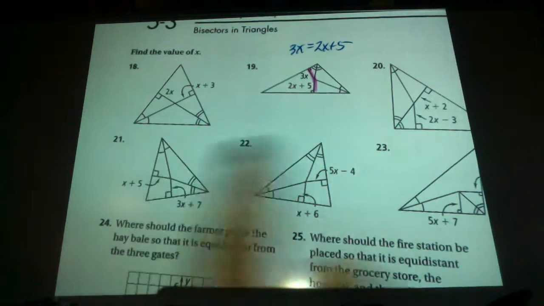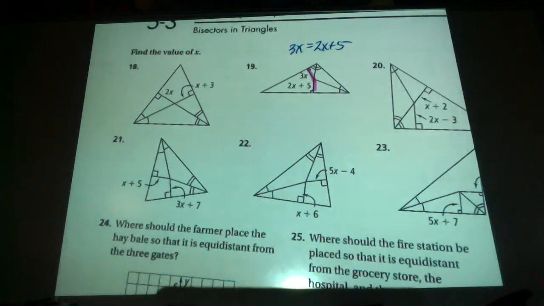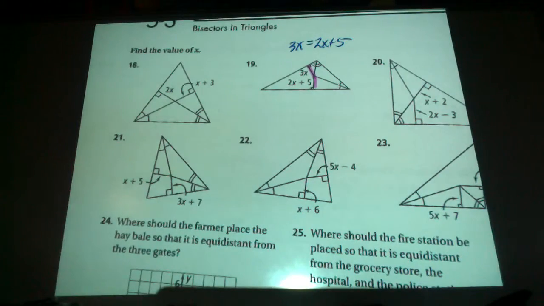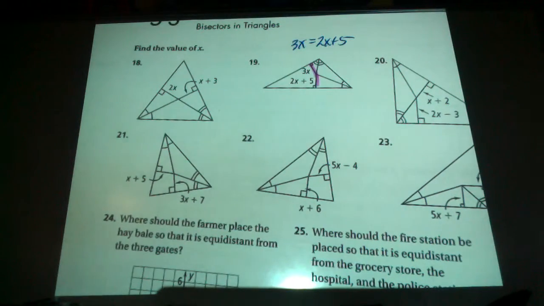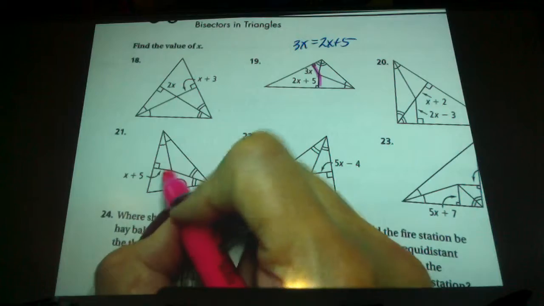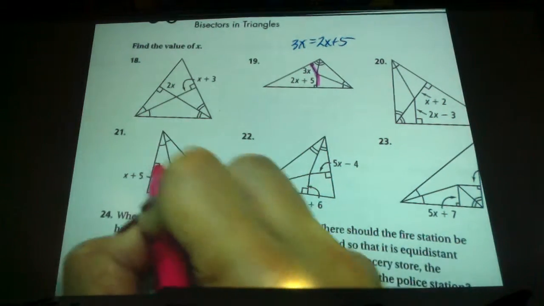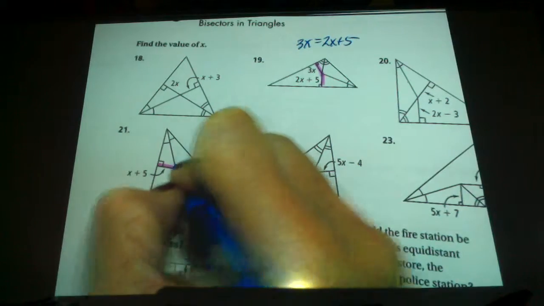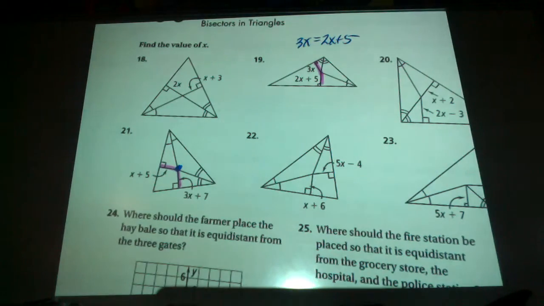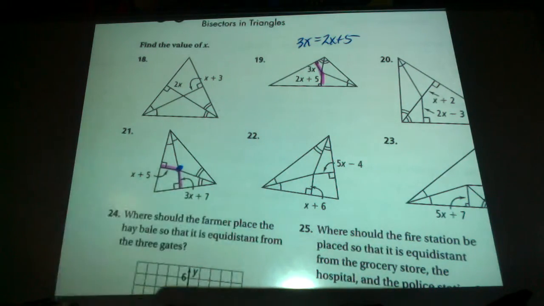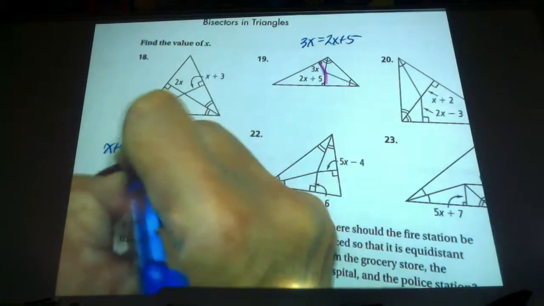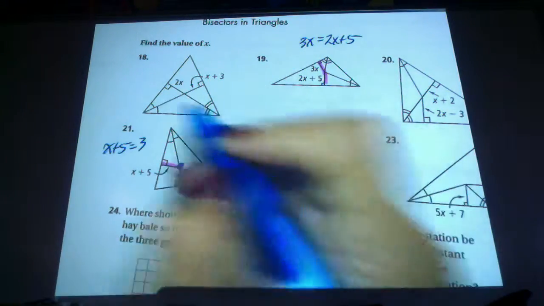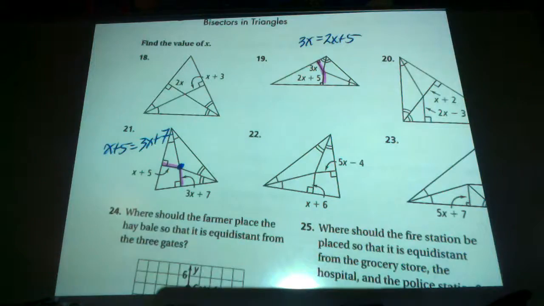All of these on this particular question are angle bisectors. So like on this one, 21, this is the distance that the incenter is from the sides of the triangle, so you can set those pieces equal to each other. So be really careful when you're looking at multiple items in your triangle.